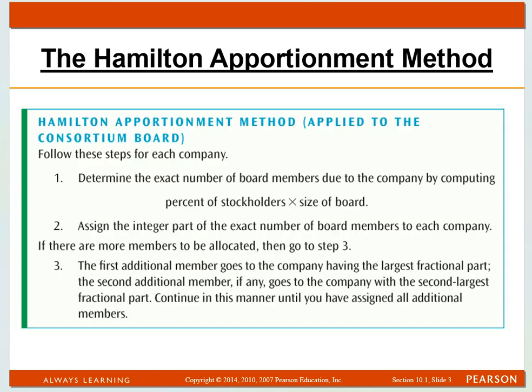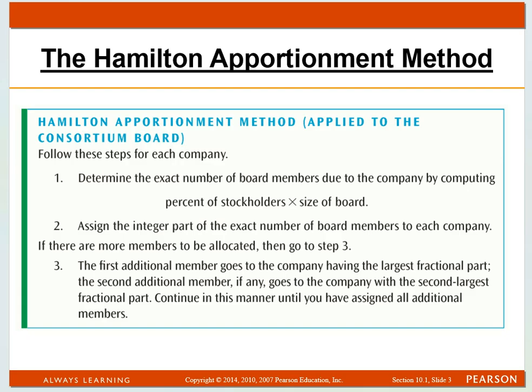So the way Hamilton did it was simple. He simply figured out whatever percentage of the population they had, you would divide that by the total population to figure out what percent the state had out of the whole population.